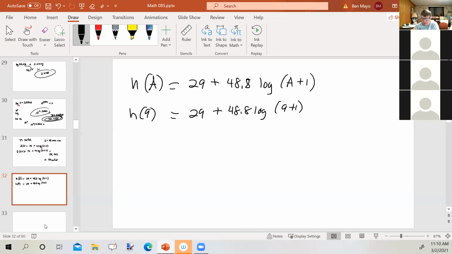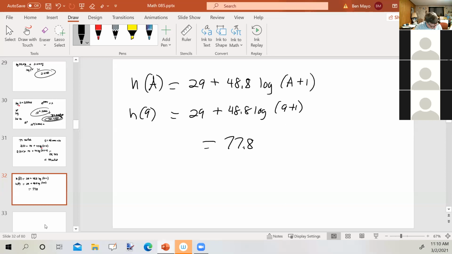Here again, I can keep 9 plus 1, put it in parentheses, or I can simplify it and turn it into 10. It's still going to be in parentheses because when you punch in the log button, most calculators put a right-hand parentheses anyway. So let's see, 29 plus 48.8 log of 9 plus 1, close it up, and I get 77.8.